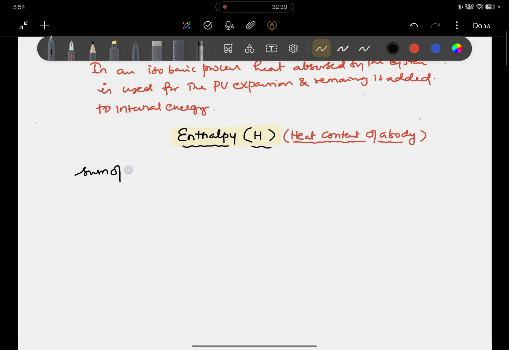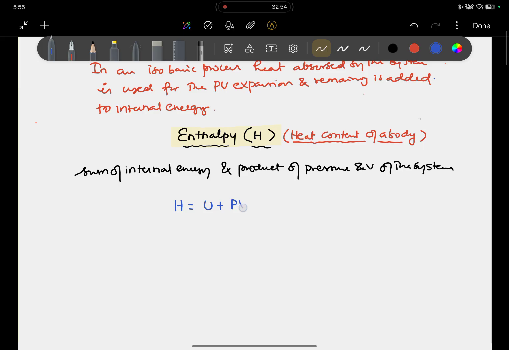It is the sum of internal energy and product of pressure and volume of a system. So how do you write this? H is equal to U plus PV. And remember, it is very difficult to calculate H directly.